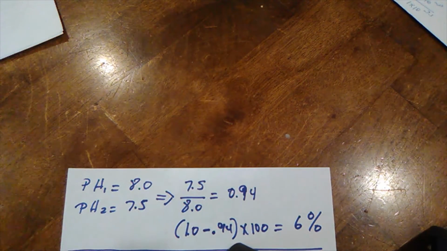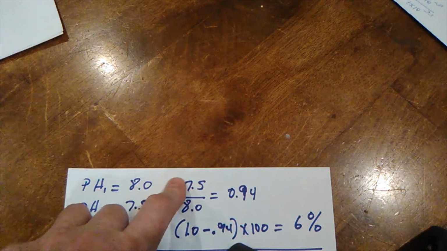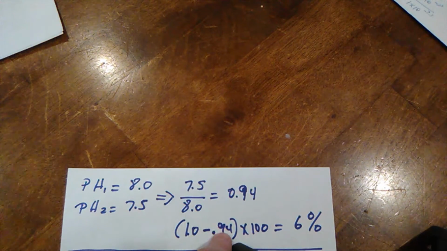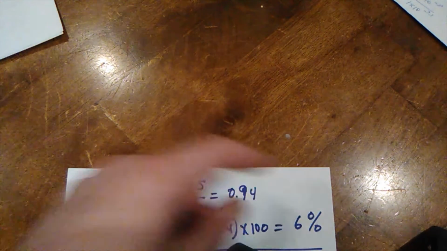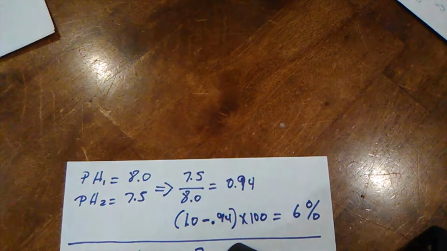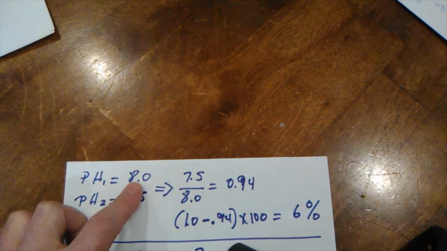And he said, well, it doesn't look that big to me. So he did his calculation: smaller number over the larger number equals 0.94. 1 minus 0.94 times 100 is 6%. So he said, it's only a 6% difference. What's the big deal? I said, well, it is a big deal because this is a log scale.